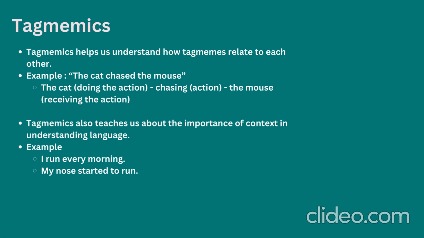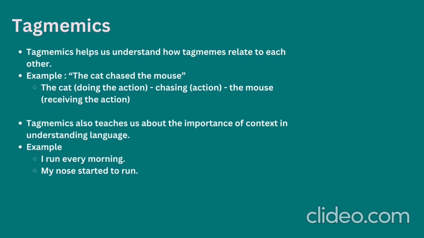For example, the word run can mean different things depending on the context. Look at the sentence, I run every morning. Run is a verb indicating an action here. Another sentence, my nose started to run. Here it is used to describe a physical state, a running nose.